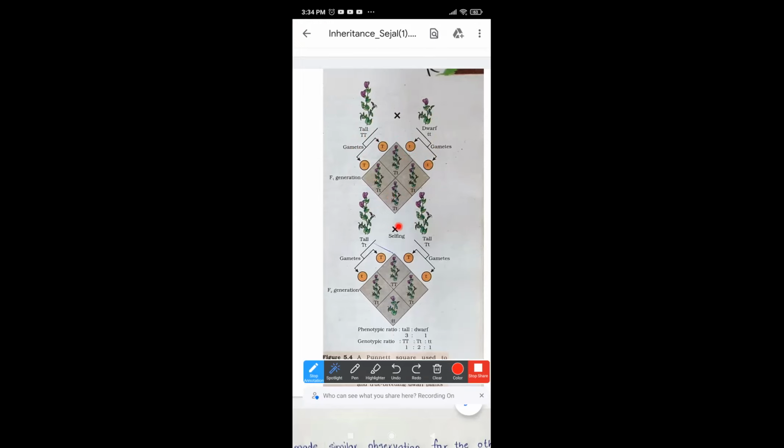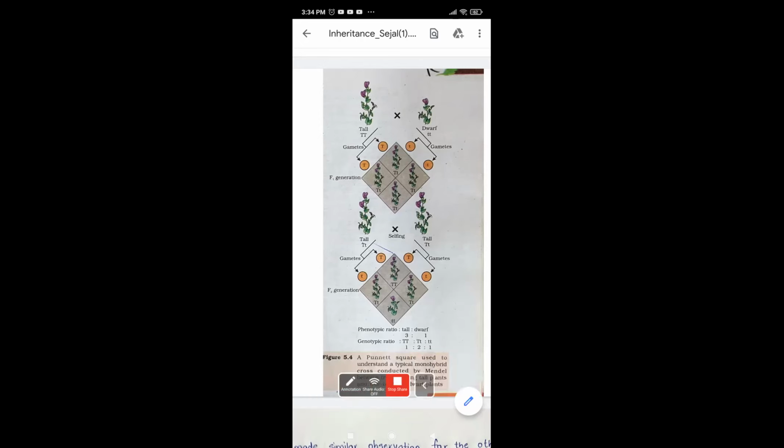Then we do selfing of these heterozygous tall plants, and we get homozygous tall, heterozygous tall, and homozygous dwarf. So the phenotypic ratio is 3:1 and the genotypic ratio is 1:2:1. We can conduct these experiments.